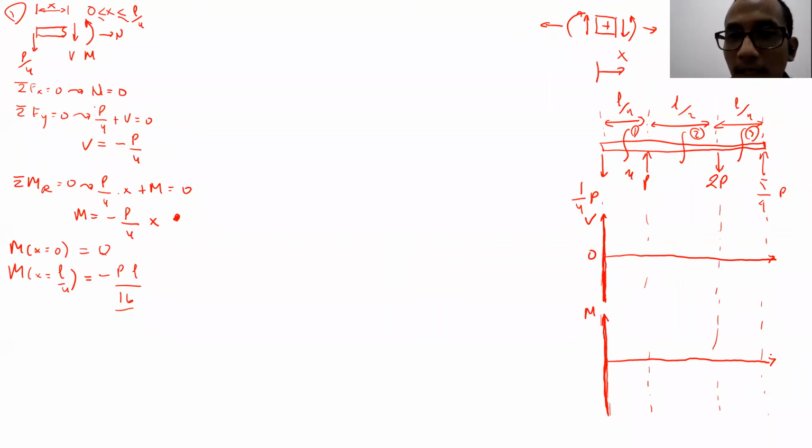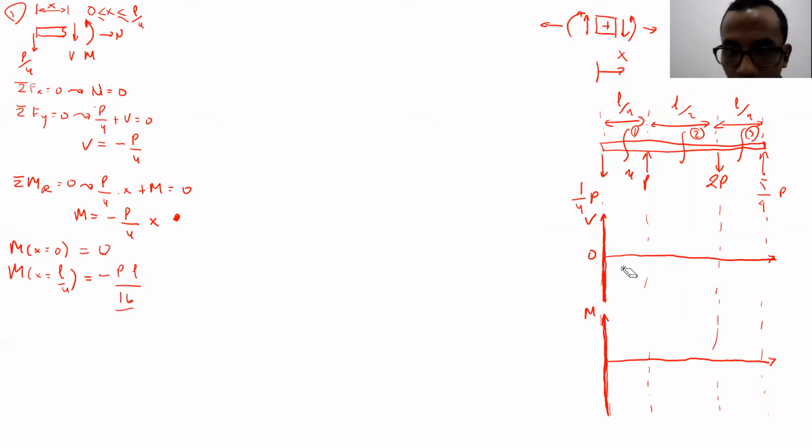Okay, help me again, Rizky. Just now, from x equal to 0 until x equal to L over 4, what is the value of V? The value of V is constant. Yeah, constant. Minus P over 4. So it's supposed to be a straight line here.